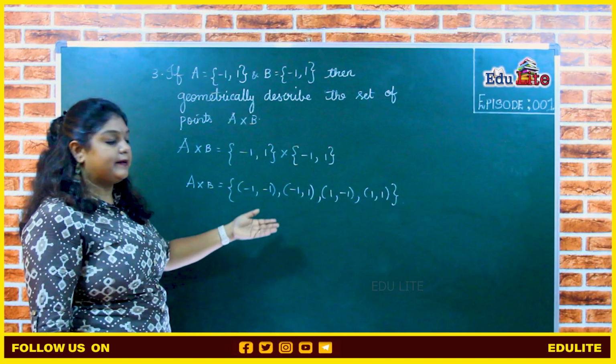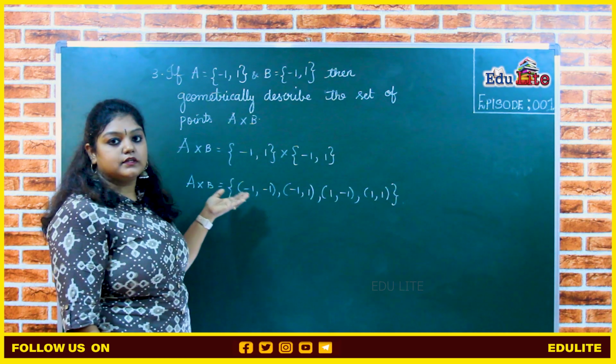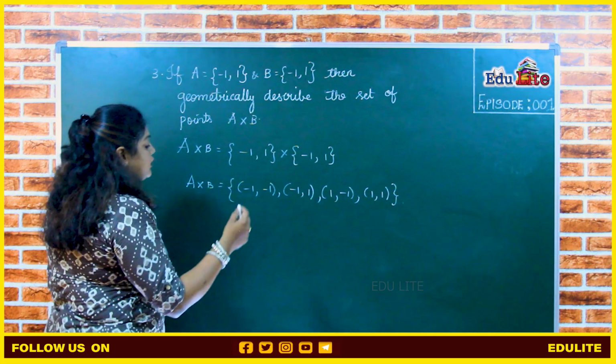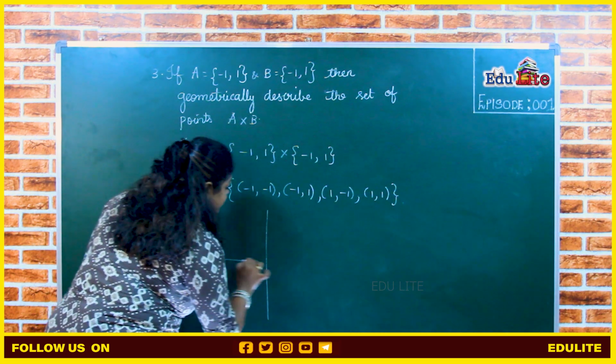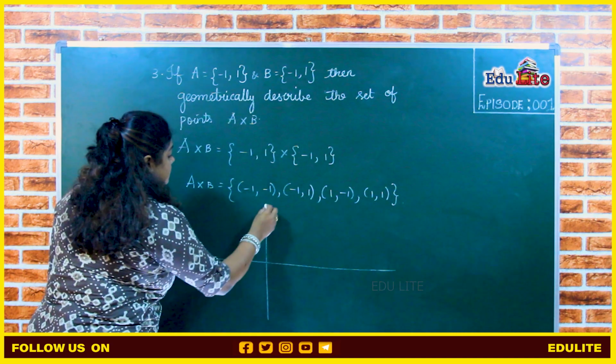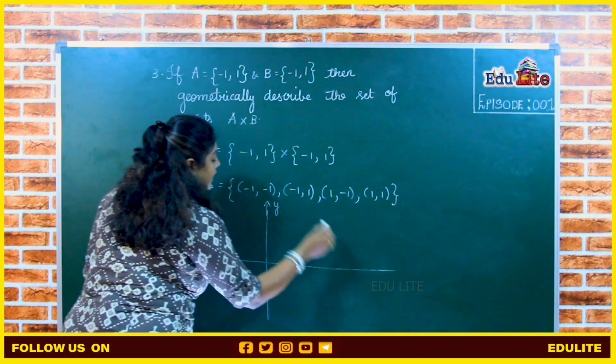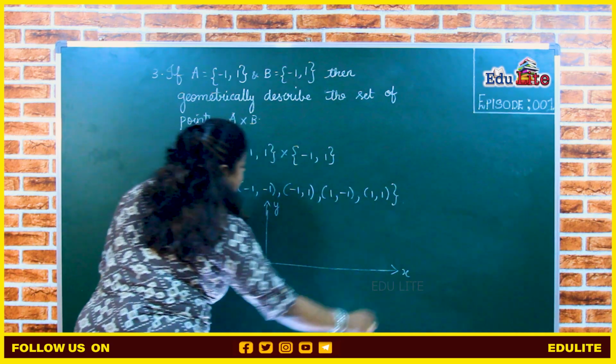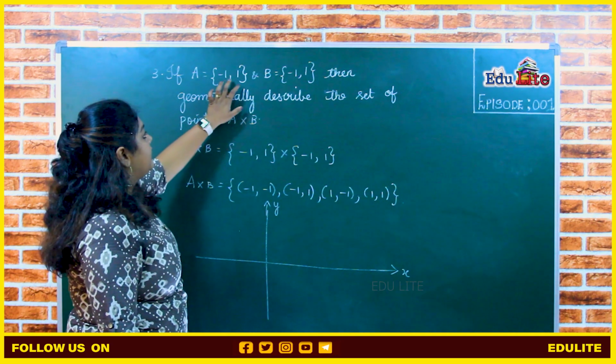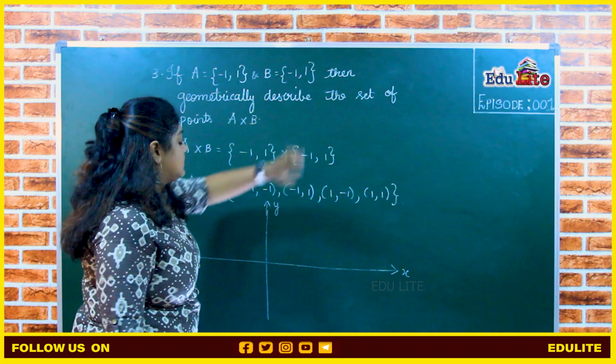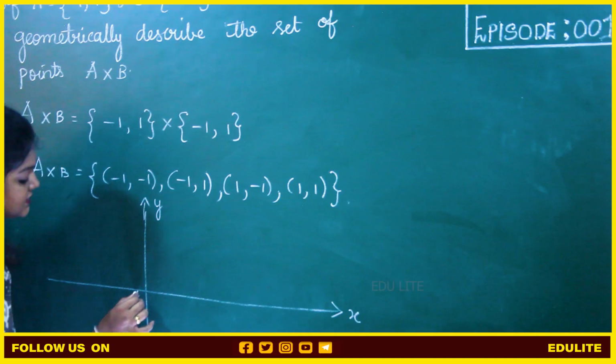Now we have to represent this A cross B geometrically. So we'll draw a graph to represent this. We all know this is the y-axis and this is the x-axis. The given points involve -1 and 1. So this is 0.